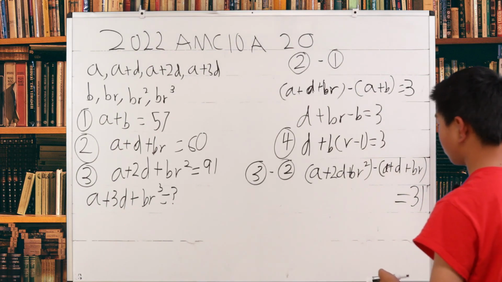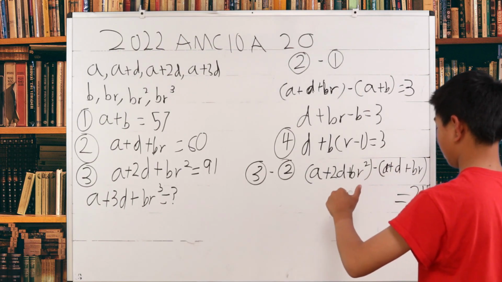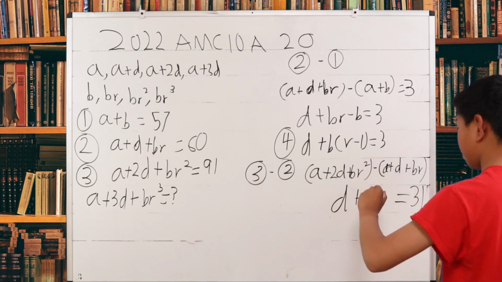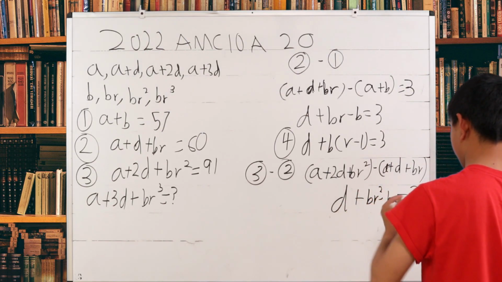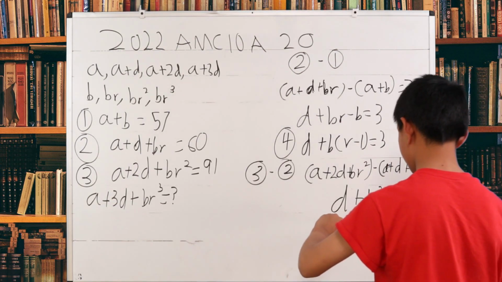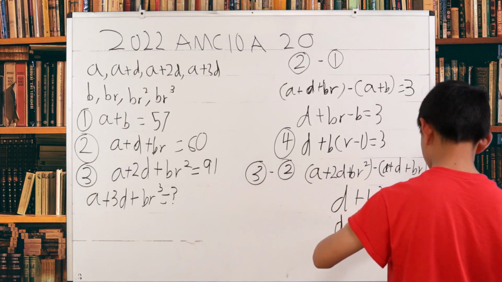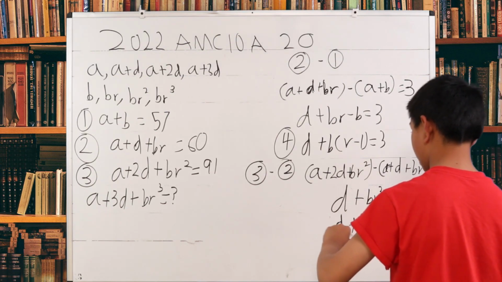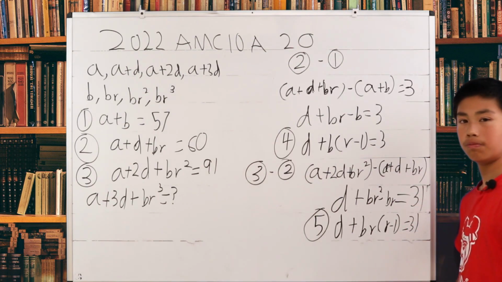Now, we can just cross out some terms here. The A is crossed out. There's one D. So D plus BR squared minus BR is also equal to 31. Factor out the BR. So D plus BR times R minus 1 is 31. And we have our 5th equation.